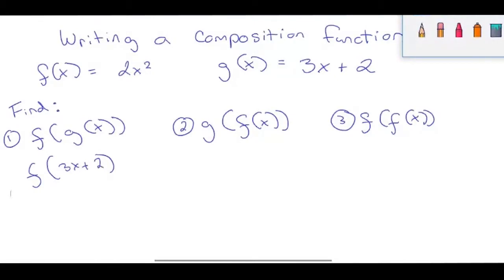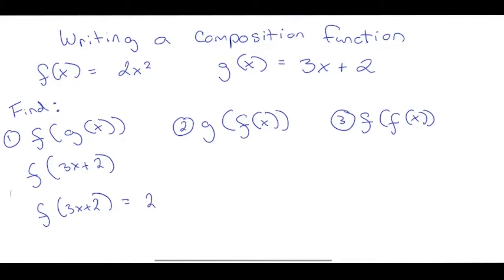So I have my f. So my f of 3x plus 2 equals 2, and then I have 3x plus 2 squared. All right. Now I'm going to have to do some FOIL here.